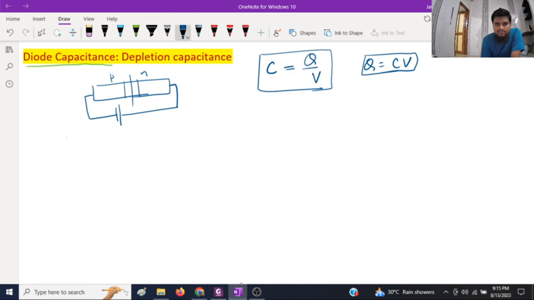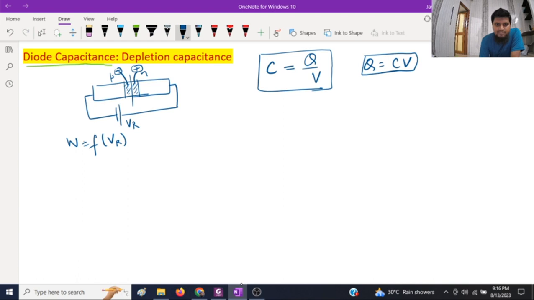The junction width W is a function of applied reverse voltage VR, right? And we have to calculate charges over here, right? So here you have some positive charges, here you have some negative charges, right?